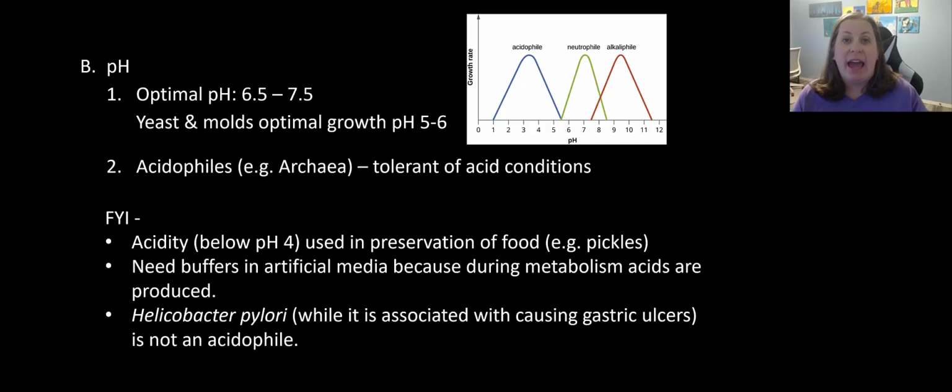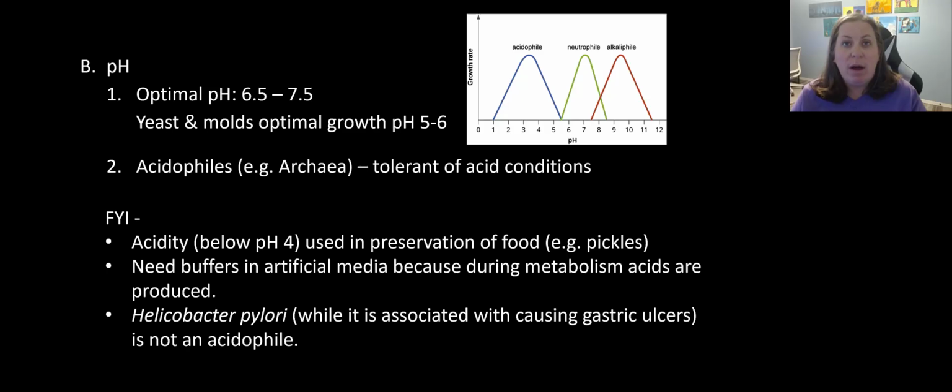And so if the acids accumulate on our plates that we're trying to grow bacteria on, it will then kill them because a lot of them can't live in that acidic condition. So we do see that those plates will have buffers present in order to take care of those acids being produced. If we look at Helicobacter pylori, this is also known as H.